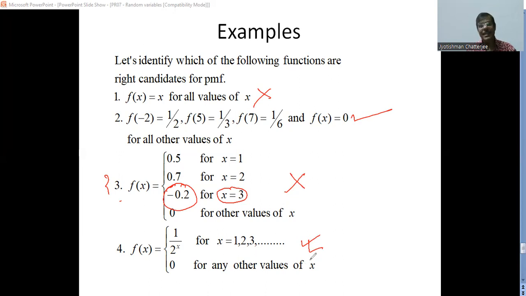But nevertheless, let's check again directly whether it satisfies both criteria of probability mass function, property number 1 and 2. Property number 1 is obviously satisfied, because no matter whether x falls in this range 1, 2, 3 or not, f(x) is between 0 and 1. Now, what happens to the summation?